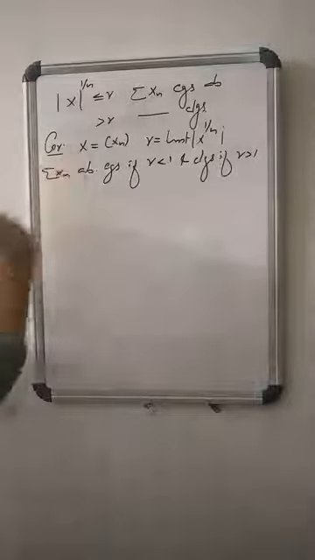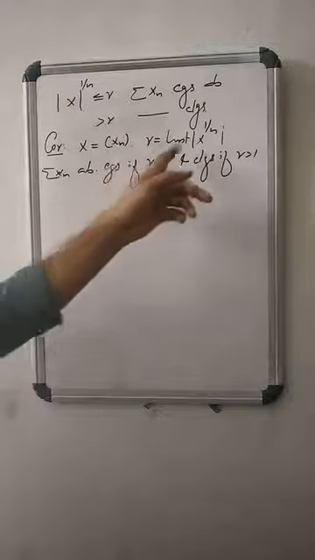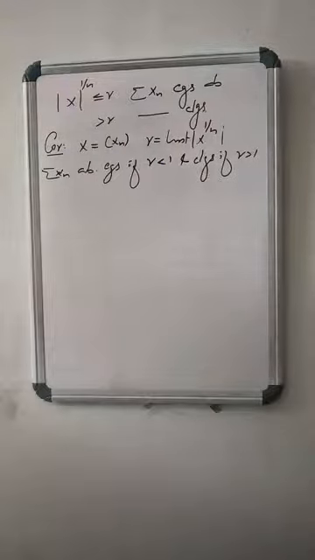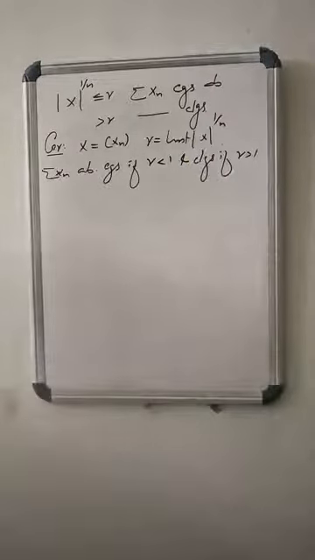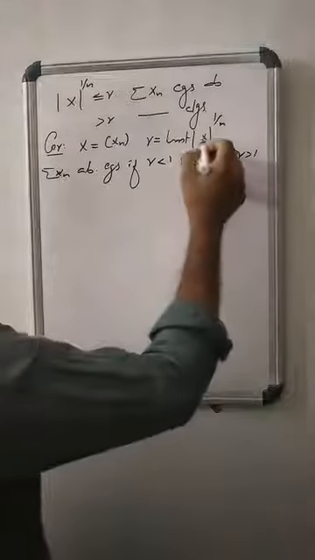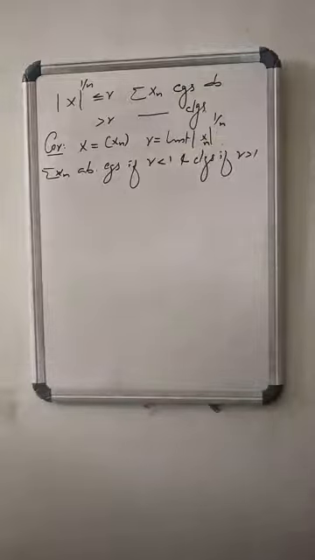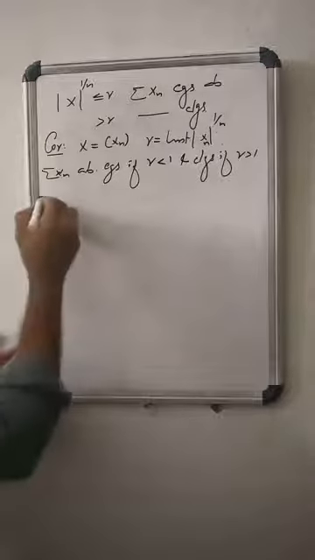Let x_n be a sequence of real numbers, and r equals limit of modulus of x_n power 1 by n. Then sigma x_n absolutely converges if r is less than 1 and diverges if r is greater than 1. How? What is r here?